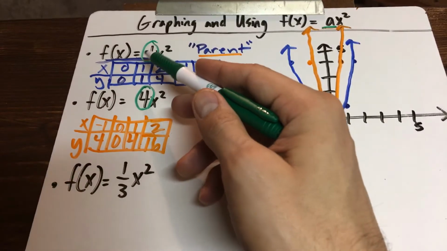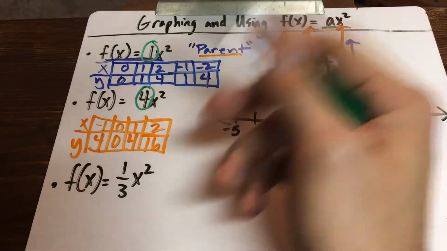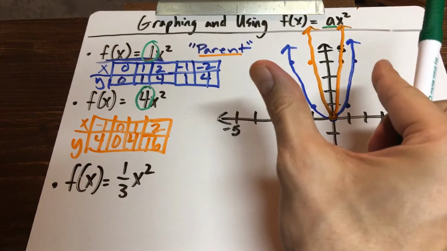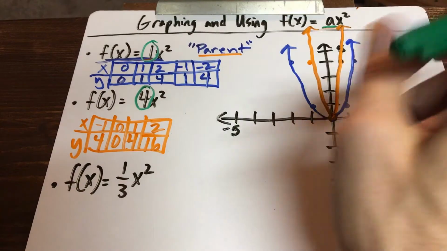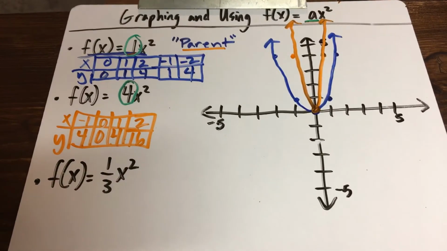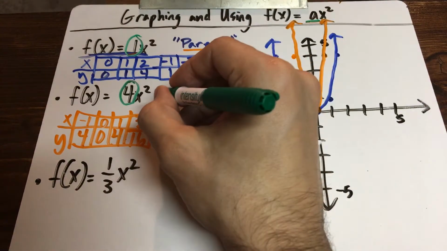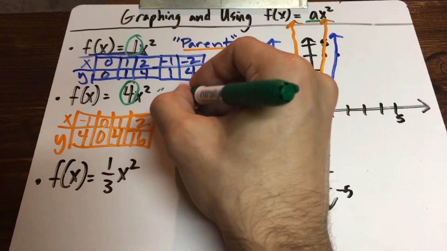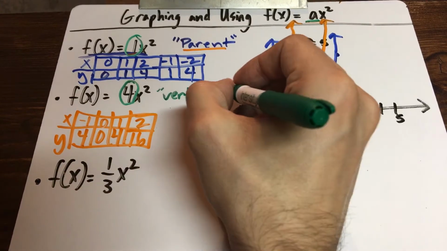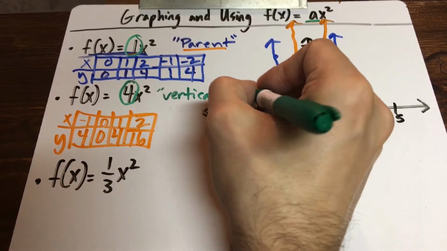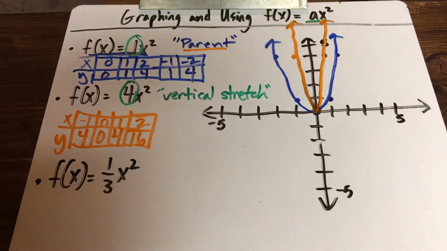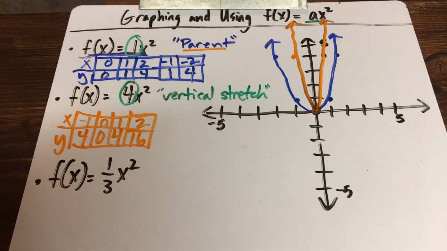When we changed this a number from 1 to 4, we have taken our graph and we've like pinched it together. This is called a vertical stretch. We've taken that number and we have compacted. We've made this thing much more close together, right?